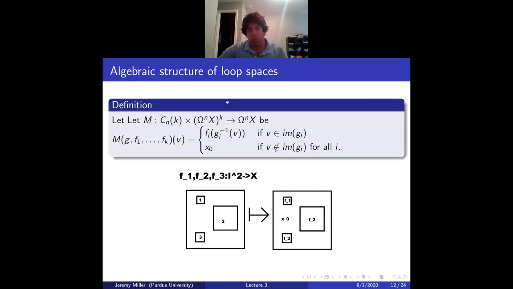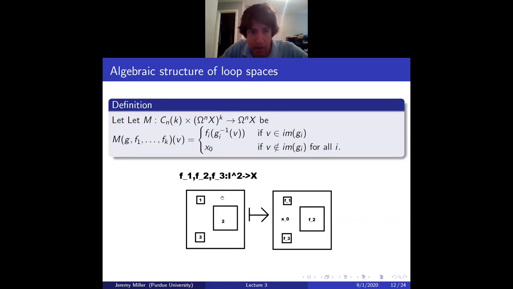So the formula is, this whole thing is supposed to be a map from a cube into X. If we plug in v, a point in the cube, into this expression, either v lands outside these 3 little cubes, or v is in one of the 3 little cubes.